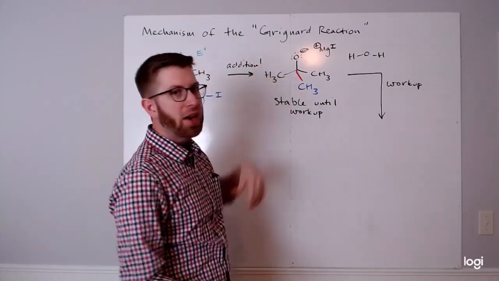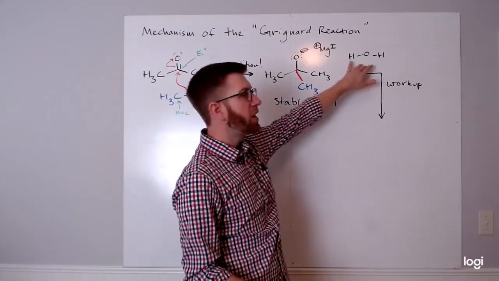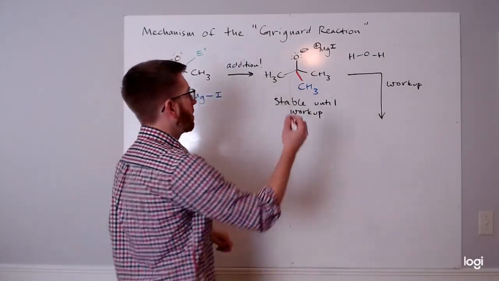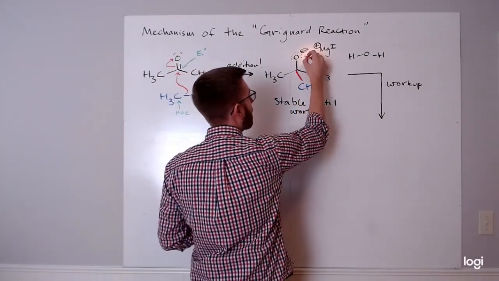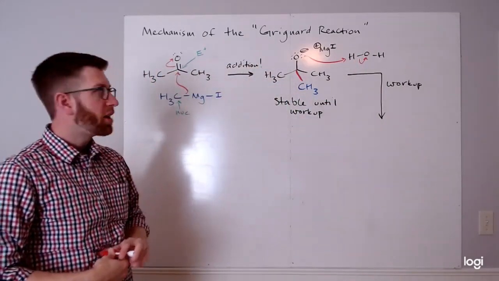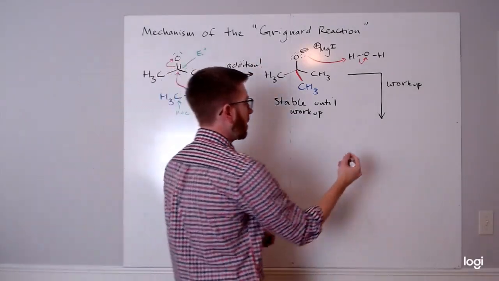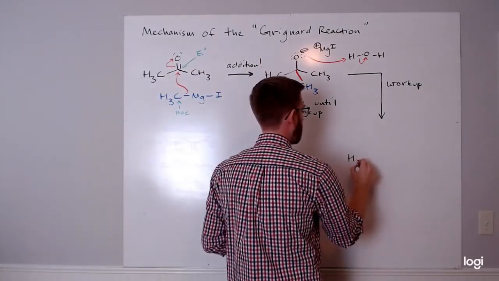So oxygen minus could be nucleophilic, it could also be basic, and I'm introducing a very weak acid, water, where it would be possible for water to be deprotonated by the O- in our mechanistic intermediate, which should form a new OH bond.